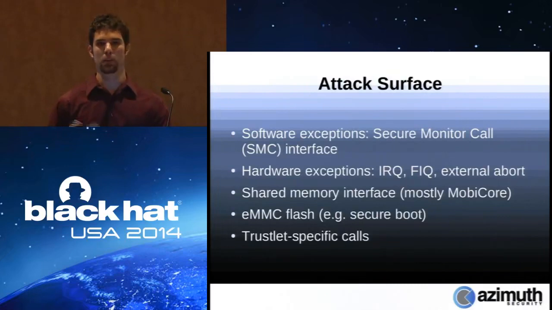So much like a normal application will issue a system call to request the operating system kernel provide some sort of service for it, the operating system kernel can issue an SMC request to request that TrustZone do something on its behalf. Additionally, TrustZone may be tasked with handling various hardware exceptions, such as interrupts and external aborts, but this is a much more narrowly defined interface, so I suspect it's less likely to have vulnerabilities.